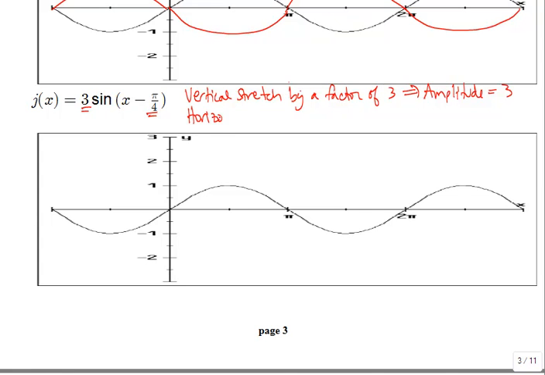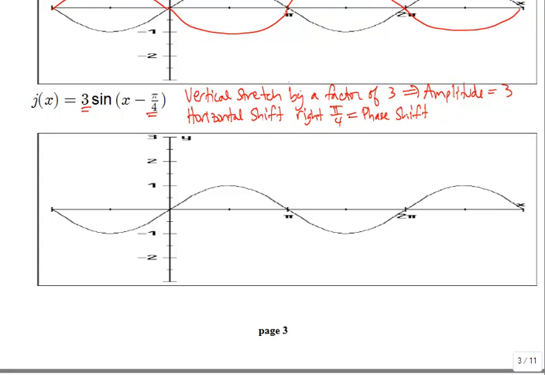It's going to go opposite of what we would expect in terms of direction. And because it's a minus pi over 4, we're actually going to go right pi over 4. Whenever you have a horizontal shift left or right, this is called a phase shift. So we're going to go right pi over 4.